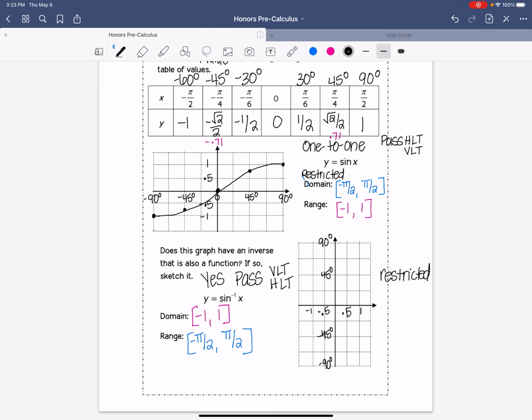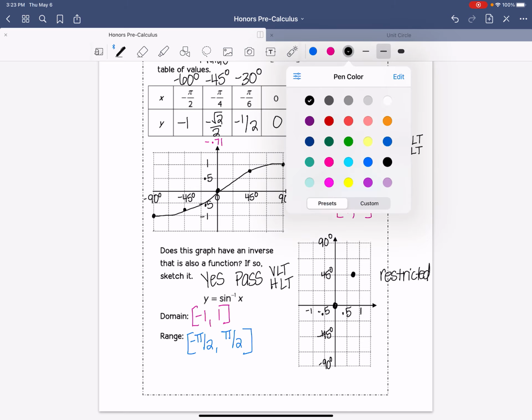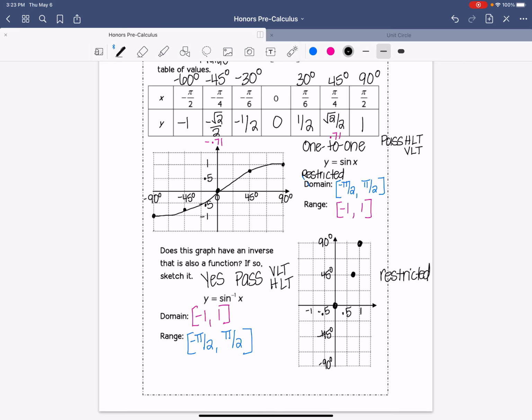We'll start at 0, 0 again. I'm going to do positives first because positive is normally easier to see. So I'm going to go to 0.71 and 45 degrees. And then I'm going to go to 1 and 90. Now I'm going to go back and do the negative side.